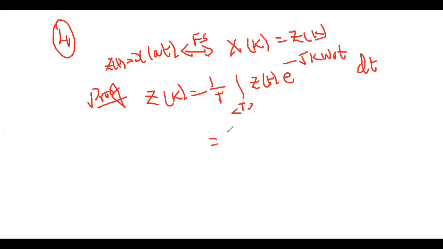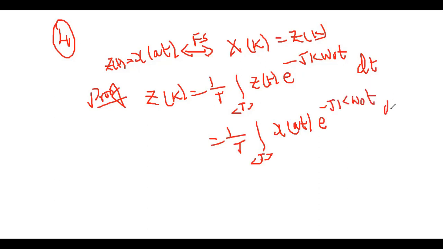Now what is z(t) here? 1 by T, the integral over T, where z(t) is x(at), and e power minus jk omega naught t dt. Got it, my dear friends? Now the time is scaling with a, so the time period becomes T by a.